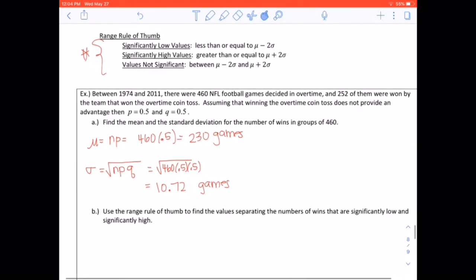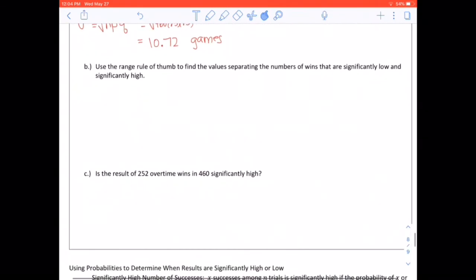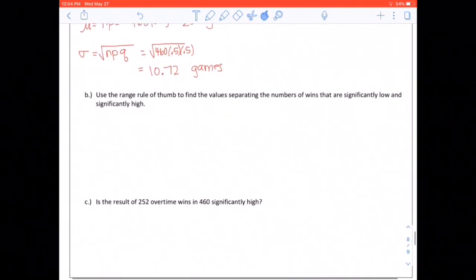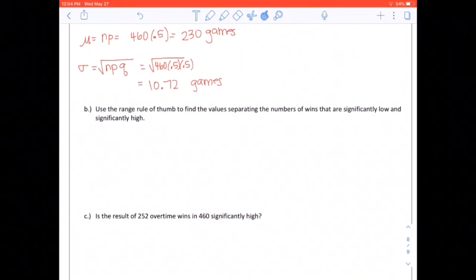The next part here says use the range rule of thumb to find the value separating the number of wins that are significantly low and significantly high. And so to separate our significantly low values is going to be mu minus 2 sigma.